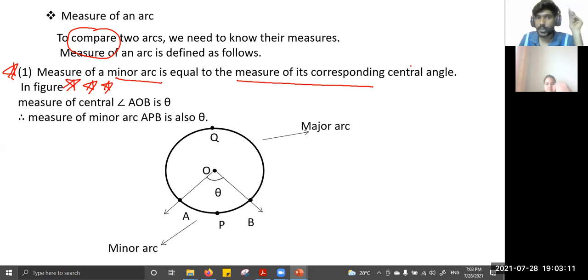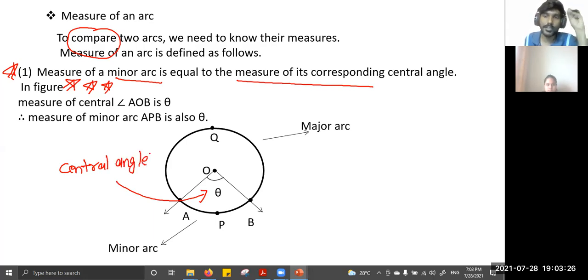Understand it with the help of this figure. You have a circle with center O, and here this angle theta is the central angle. Why is it a central angle? Because it is formed at the center of the circle. And this arc APB is the minor arc. Now, what will be the measure of this arc?